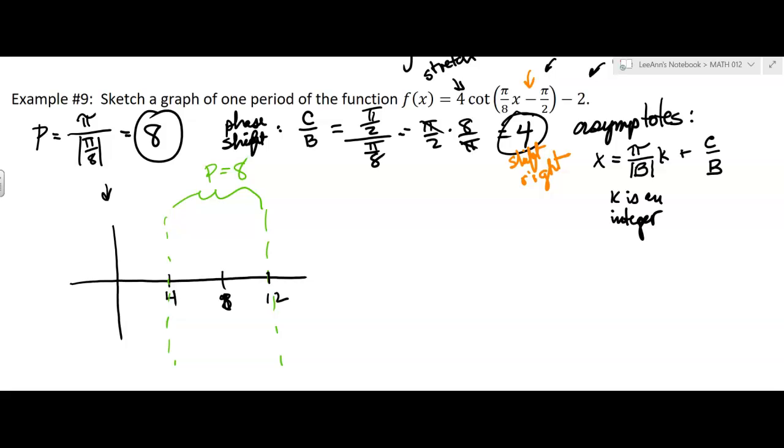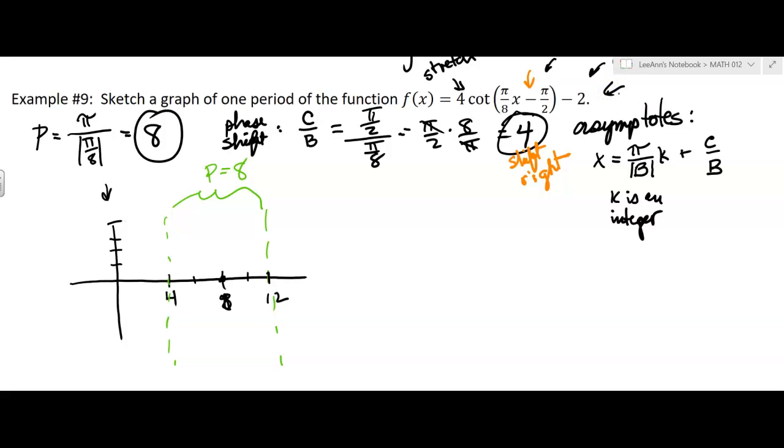All right, so we are here at 8. That's going to be right there on the x-axis because that's what our cotangent curve does. And then we're going to cut that in half and cut that in half. But we're not going to go up to 1 because it's got a stretch factor of 4. So 1, 2, 3, 4. Oh, but it shifts down too, doesn't it?